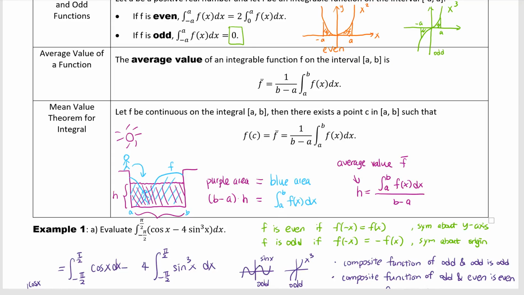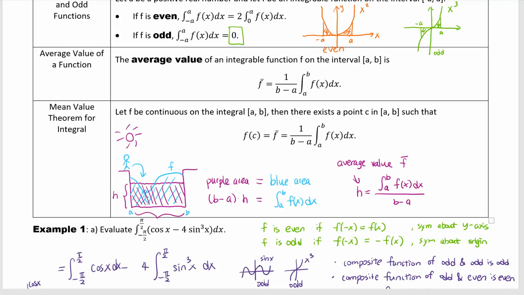So what does the mean value theorem for the integral tell us? It says, let f be continuous on the interval [a, b]. Then there exists a point c in [a, b] such that f of c equals the average value.